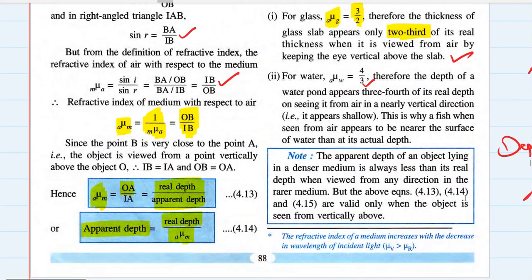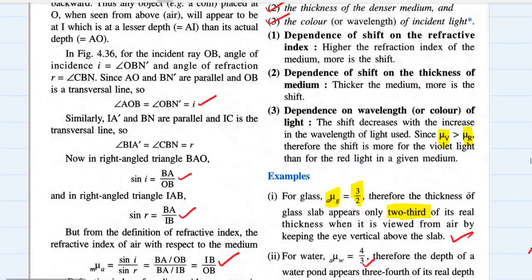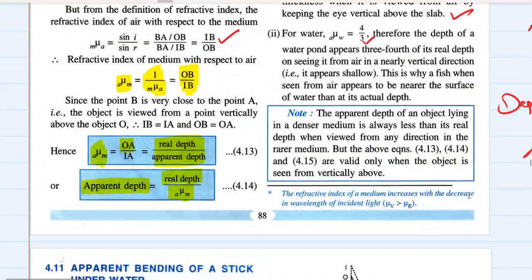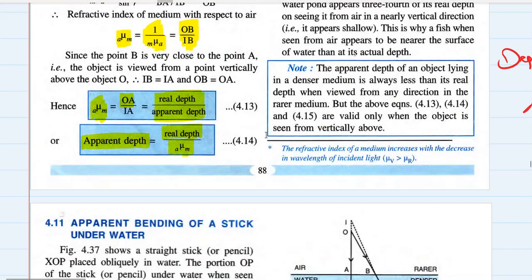Okay, so this is why a fish, when seen from air, appears to be nearer the surface of water than its actual depth. The apparent depth of an object lying in a denser medium is always less than the real depth when viewed from any direction in the rarer medium. But the above equations, 4.13, these equations they are talking about are valid only when the object is seen from vertically above.